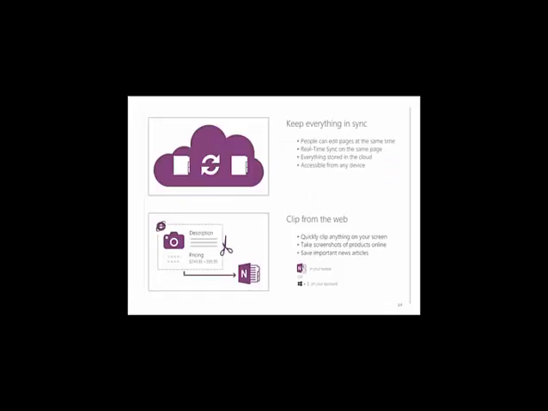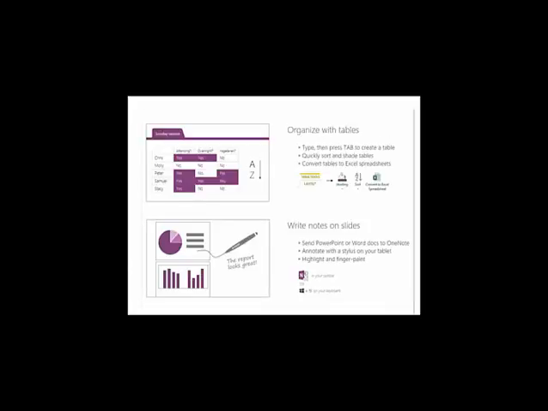You can keep everything in sync if you put it on the cloud. You can do web clipping, which Evernote is very strong in that regard. You can organize with tables. Again, if you had a table that you had created, let's say a list of marriages or something that you wanted to bring in, you're able to do that with an Excel product.